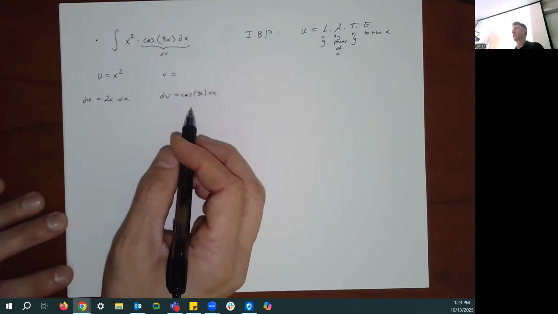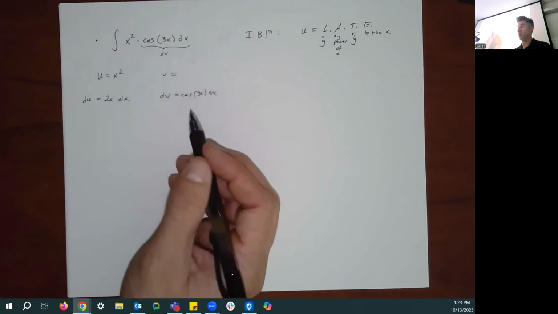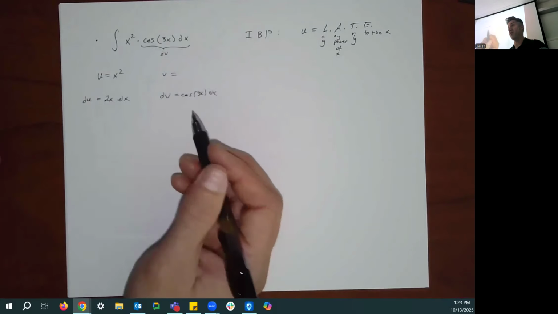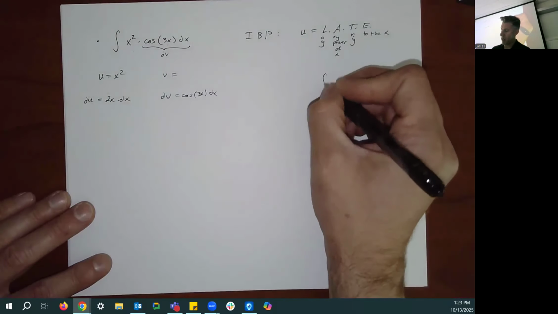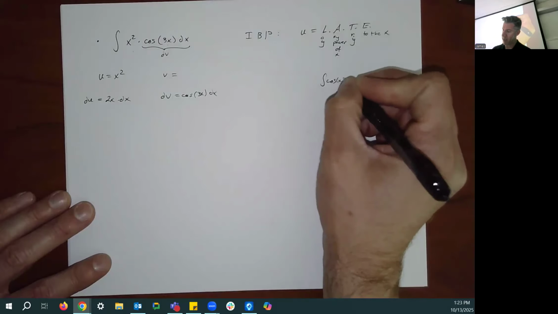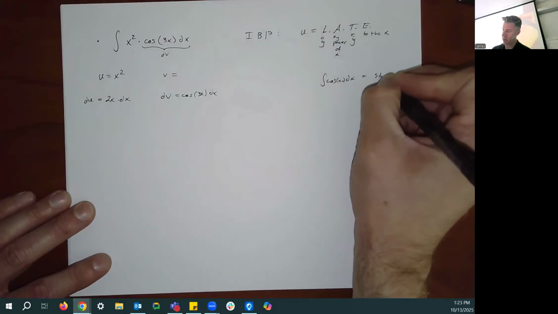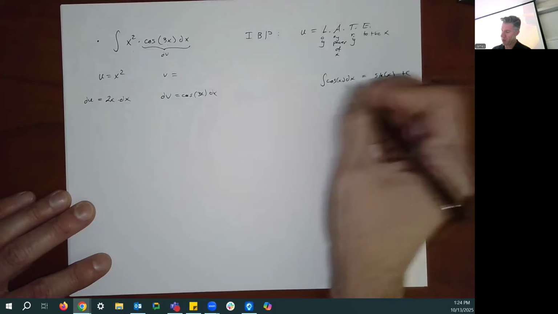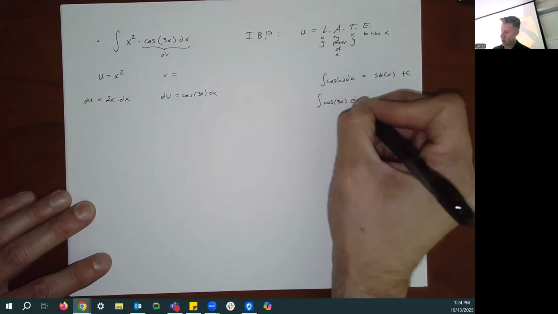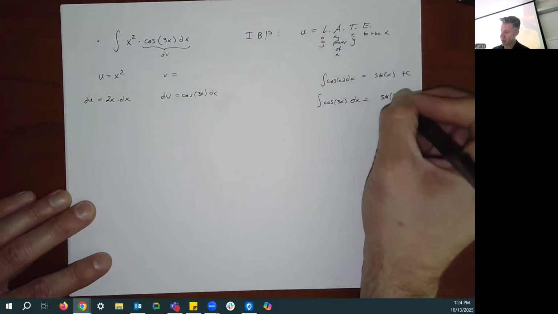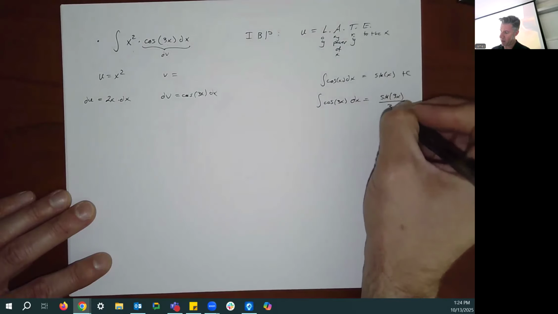And this is where you would actually maybe need to use a u substitution. But we're not going to, because we know it's a short enough process here. We know that the antiderivative of cosine of x is just good old sine of x. So the antiderivative of cosine of 3x should be sine of 3x divided by 3.